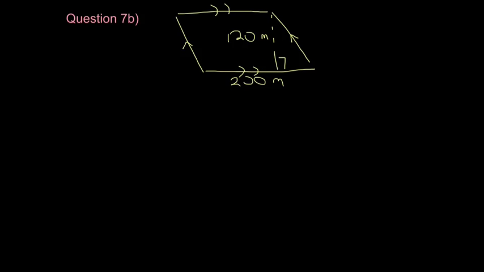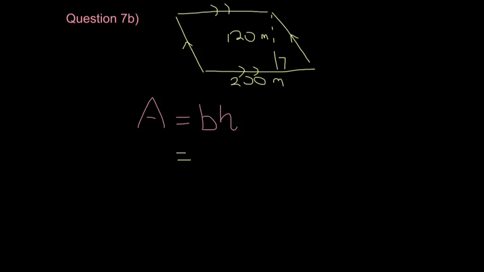Okay, the first thing you need to do if you want to find the area of a parallelogram is write the formula. I want to see the formula written every time you do one of these sums. And the formula is A for area equals B for base times height, H. Let's work it out.